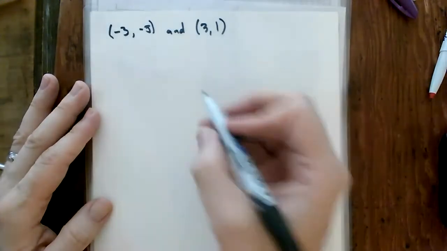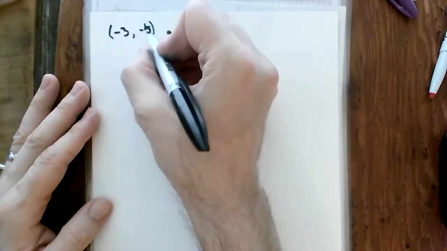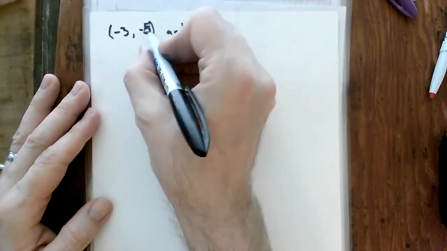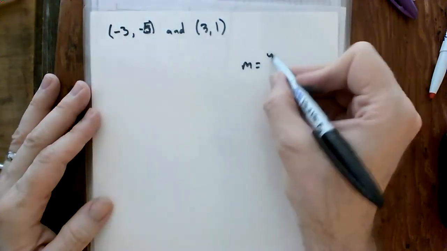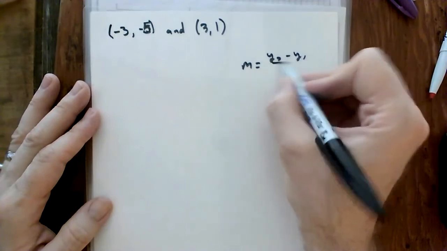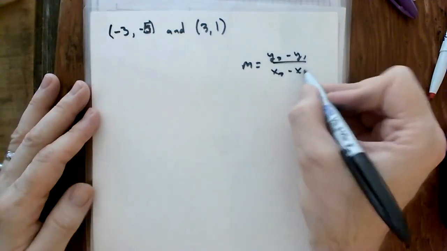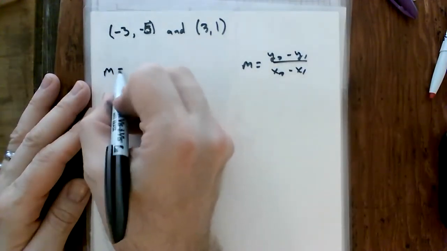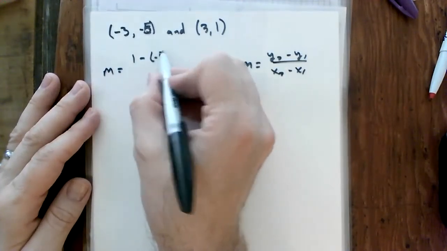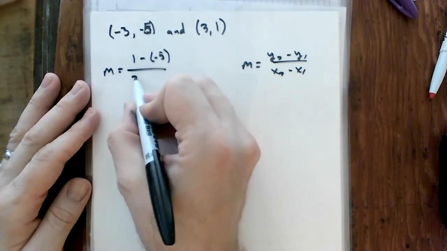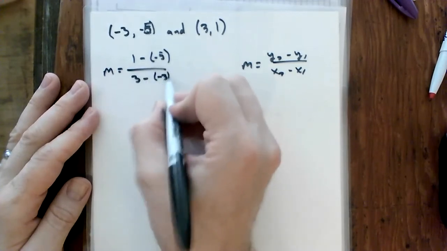So let's see what this is going to look like. Remember, our slope is y2 minus y1 over x2 minus x1. So our slope here is going to be 1 minus a -5 over 3 minus a -3.